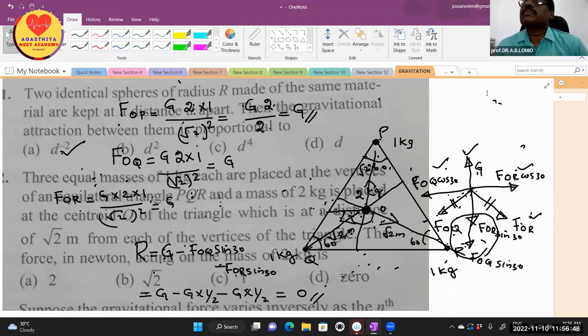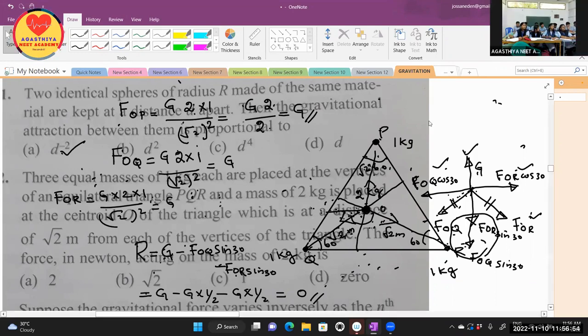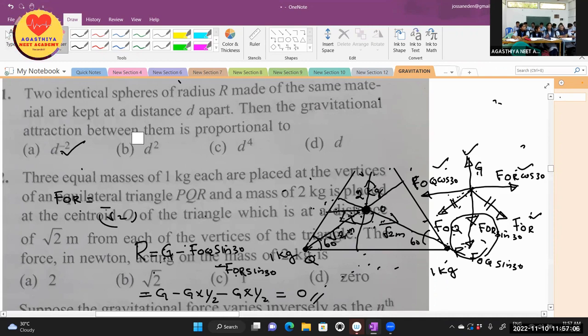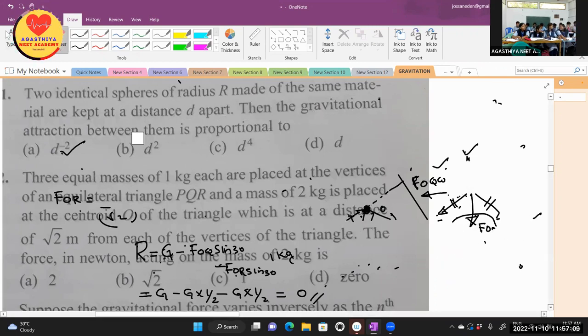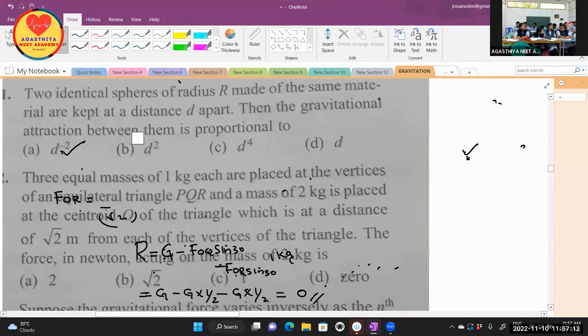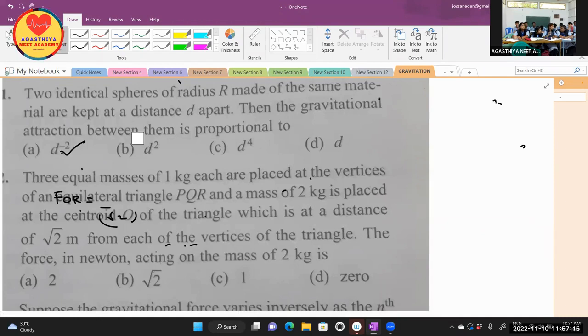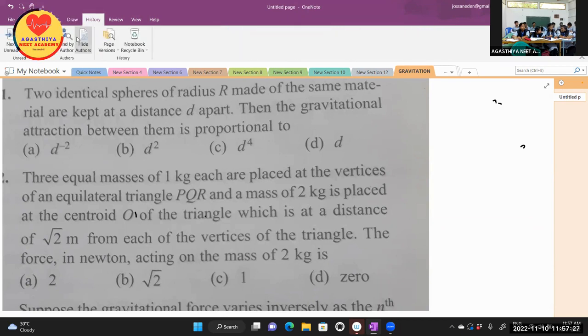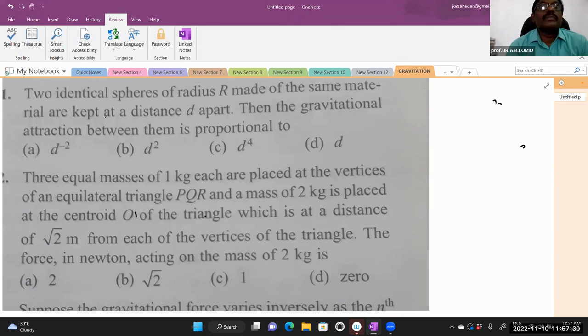Shall we go to the next problem? Yes, sir. In this question, the option is D, 0.